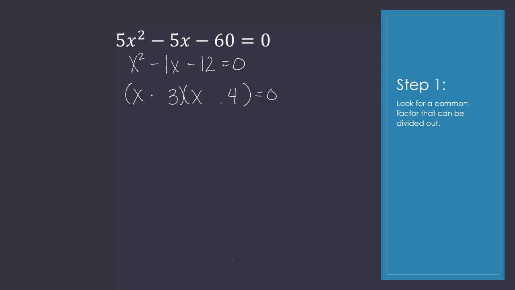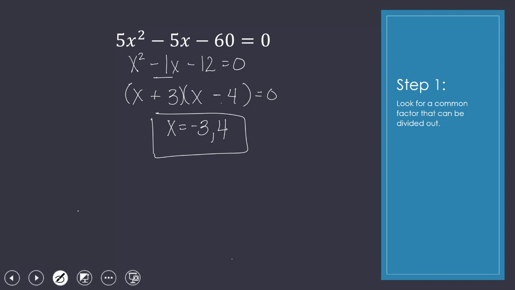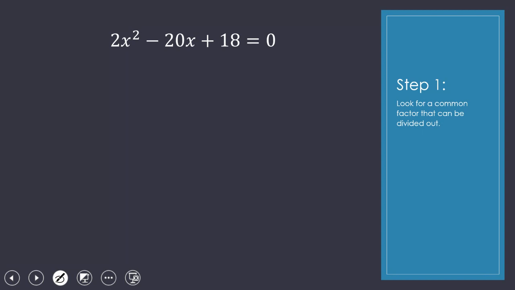And I know that if I take 3 minus 4, I get a negative 1. Therefore, my solutions must be x equals negative 3 and positive 4. So if you can find a common factor to take out, sometimes that makes your life super easy because now all of a sudden it becomes very easy to factor, okay? So you always want to divide out anything that is in common.